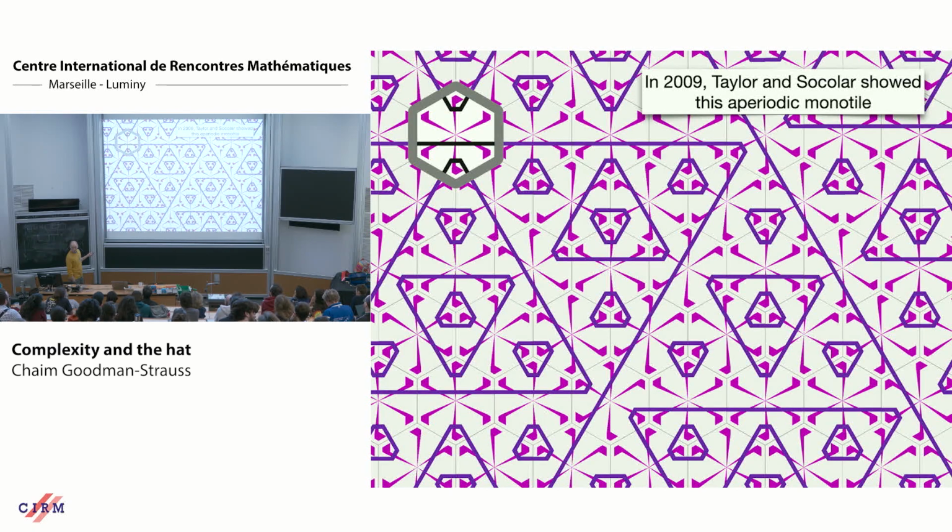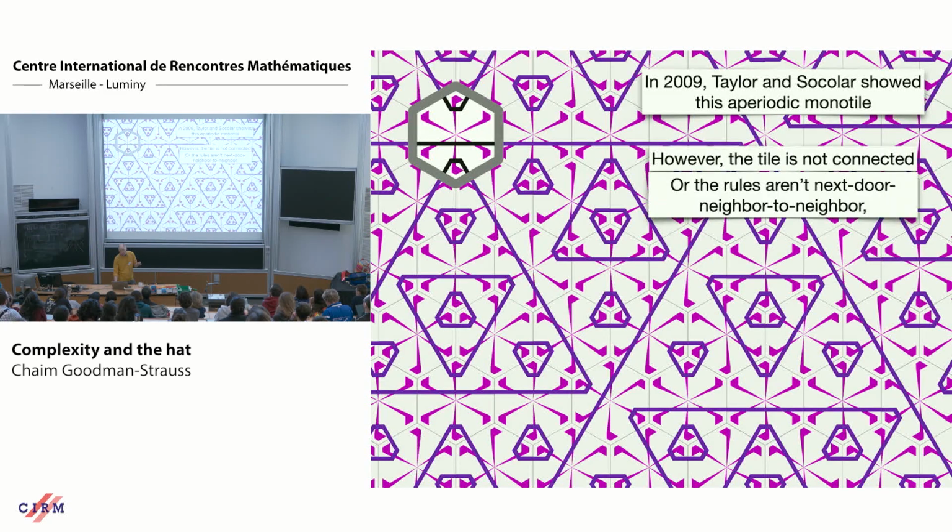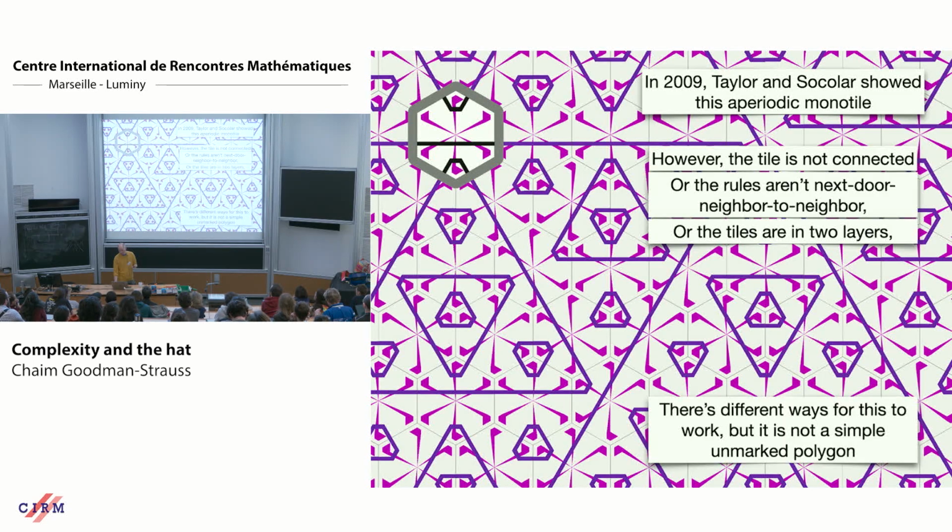And you can do this with multiple tiles. If you allow multiple tiles, you can just build a tile that does that. But if you want to have a single tile in this way, you have to have these non-standard rules. And you can get around this in a number of ways. The tile's either not connected, or the rules aren't neighbor to neighbor, or you can make the tiles in 2 layers. But either way, no matter what, that's not really what we mean, I think.